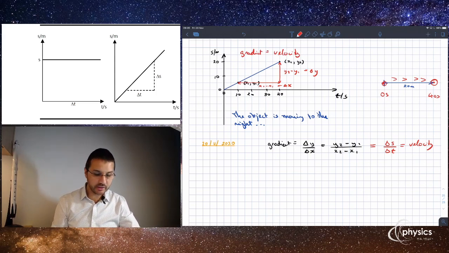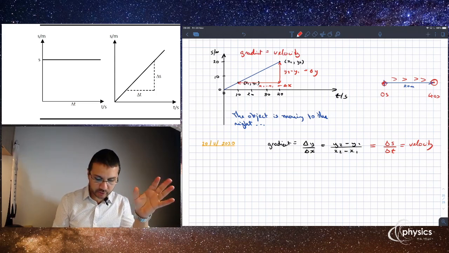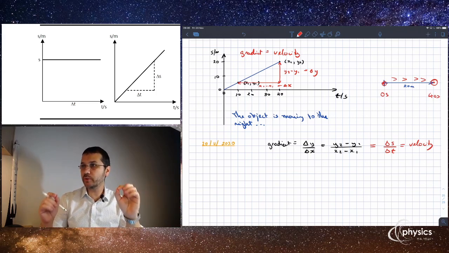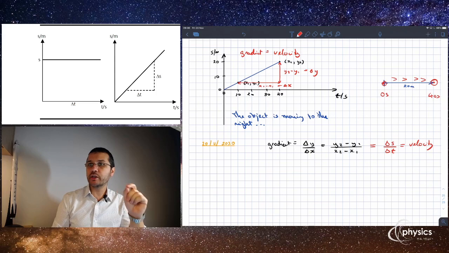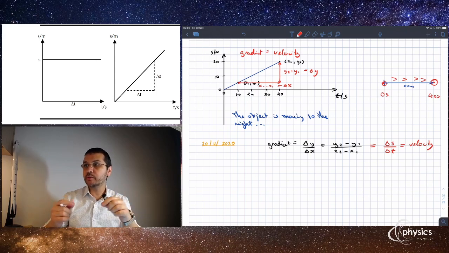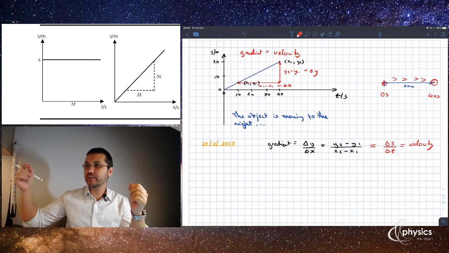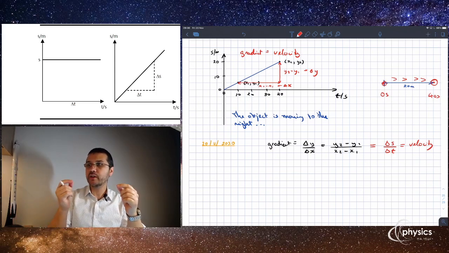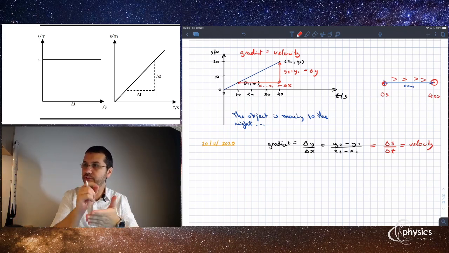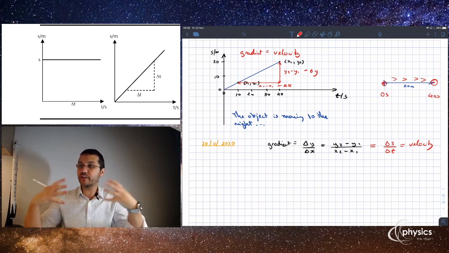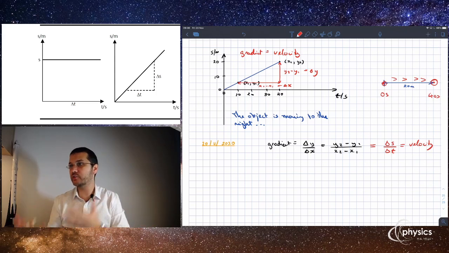Now, when you calculate the gradient, we're going to calculate it using this method. You can choose the 2 points where you want to, but as you may already know, it's very important to take the points as far from each other as possible. The idea is such that if you make a mistake when reading the coordinates, and the coordinates are very close, that mistake is a very large percentage of your change in y and change in x.